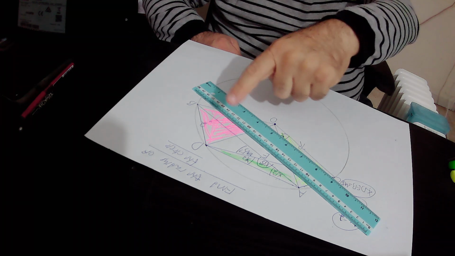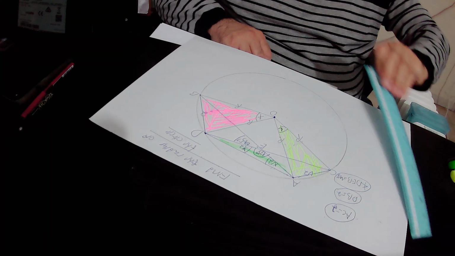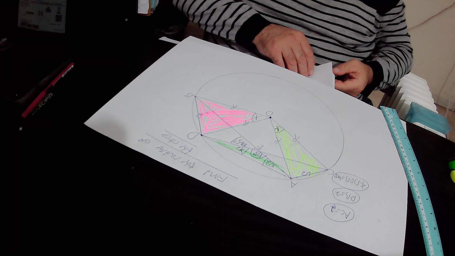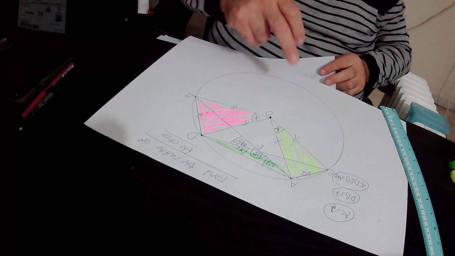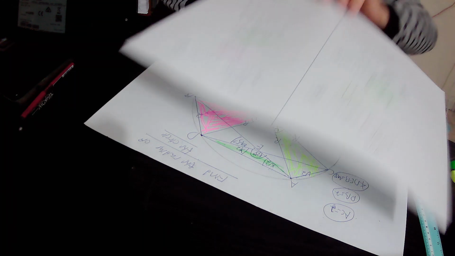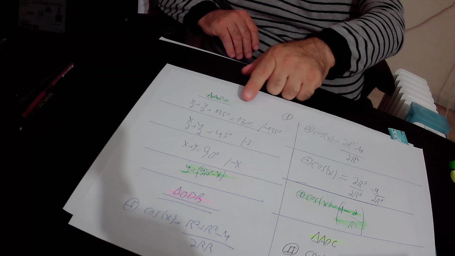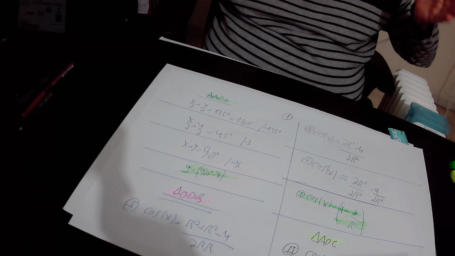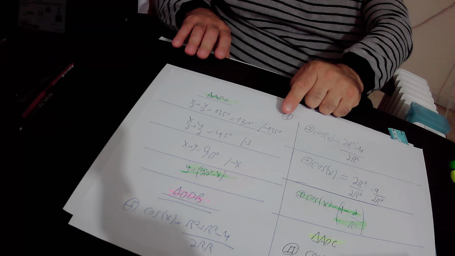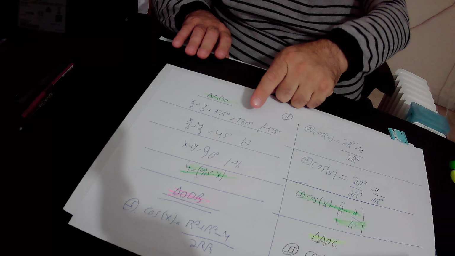Then we focused on the green triangle AED. In the green triangle, the sum of the angles must be equal to 180 degrees. That is to say, x over 2 plus y over 2 plus 135 degrees must be equal to 180 degrees. We subtracted 135 degrees from this equation and found out that 180 degrees minus 135 degrees is 45 degrees.